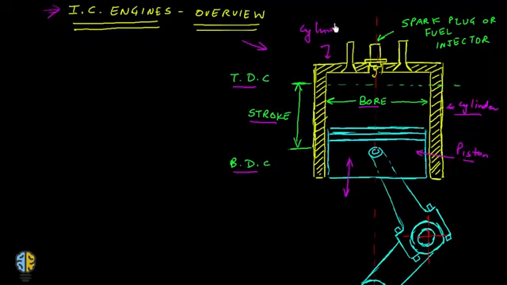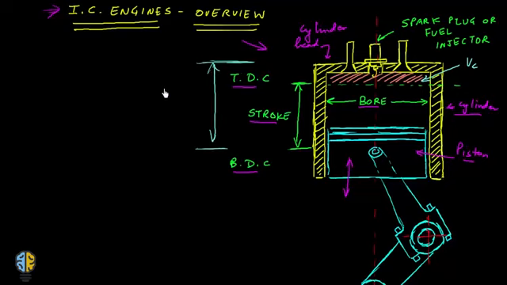If you see that there is some empty space between the top dead center and the cylinder head, this is called the clearance volume, and if you have to give it a symbol, you can say this is VC. And if you go from the top of the cylinder head to the bottom dead center, this would be the total volume.